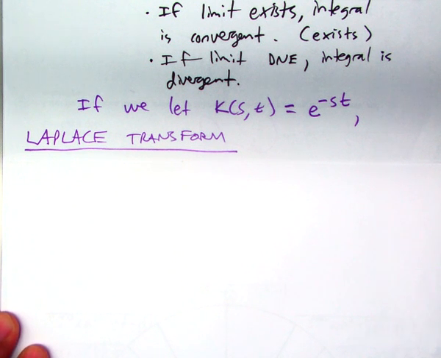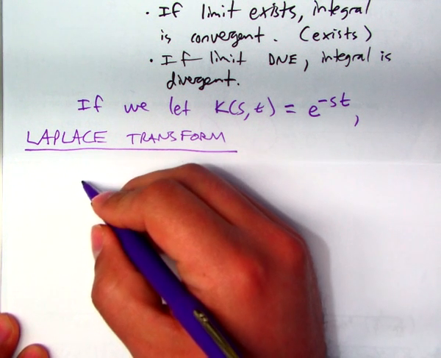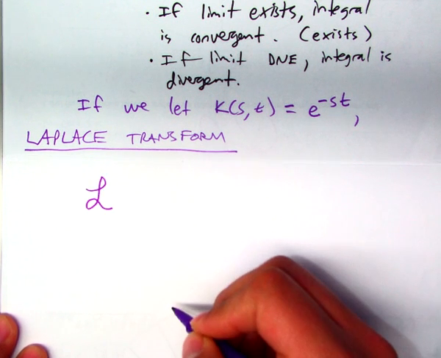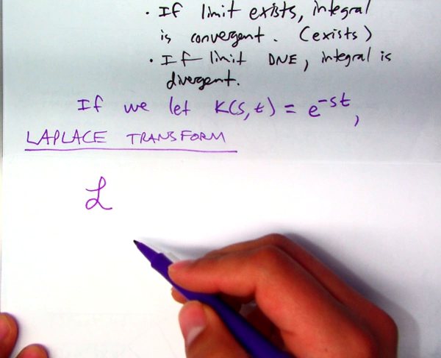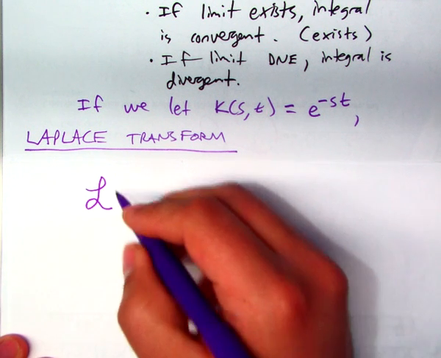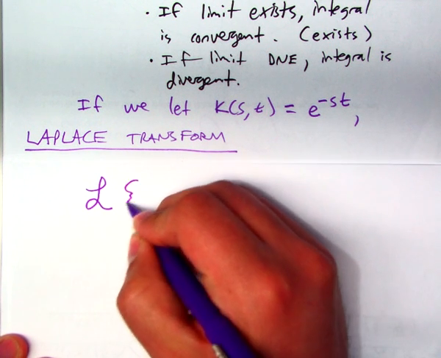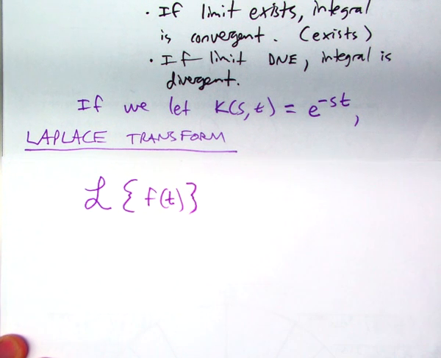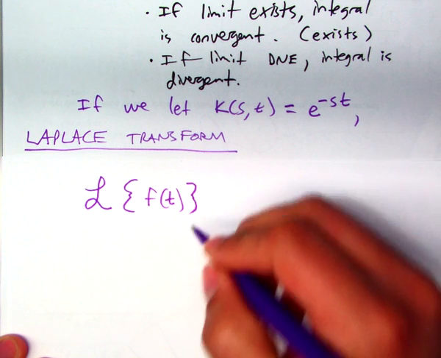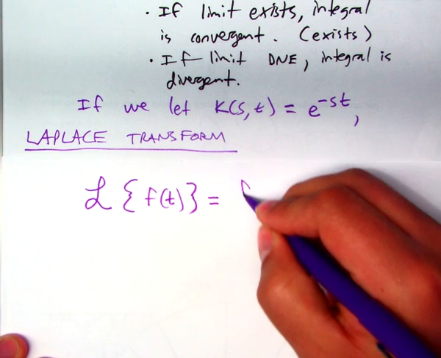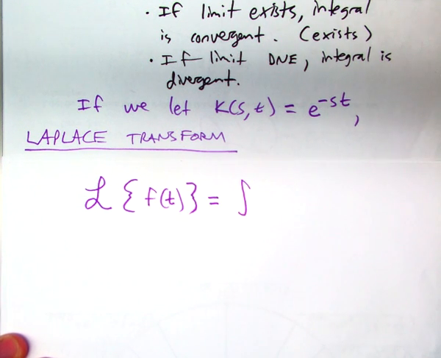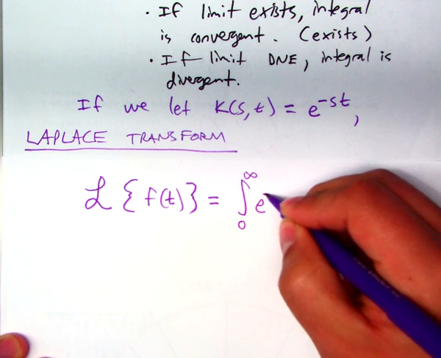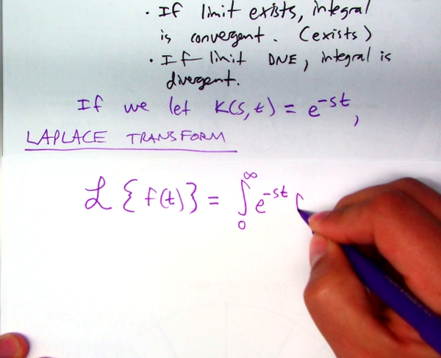The notation is like a script L. So when you see this fancy looking L, we're talking about taking the Laplace transform of a function. Then we use braces to indicate which function we are taking the Laplace transform of. And the definition for it is exactly what we led up to. We take the improper integral from 0 to infinity of e to the minus st f of t dt.